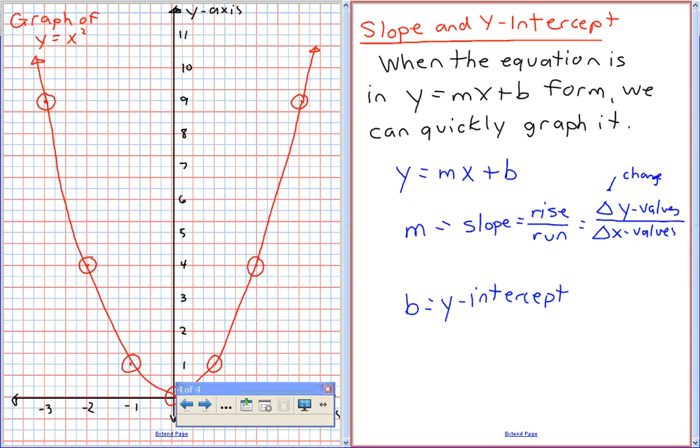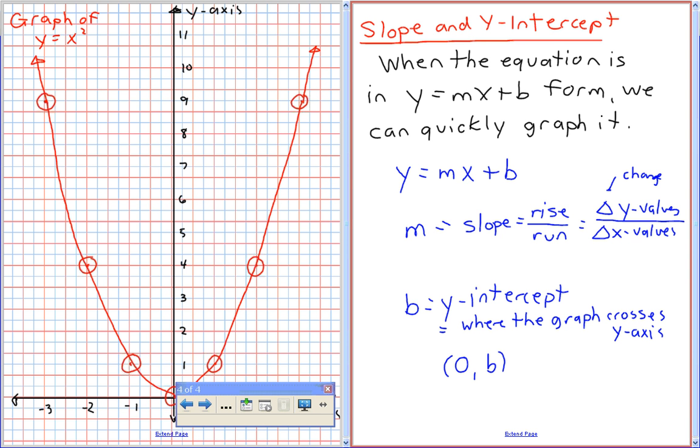B is your y-intercept, which is going to be your point where the graph crosses your y-axis. So x is equal to 0, and y is going to be whatever that letter happens to be.